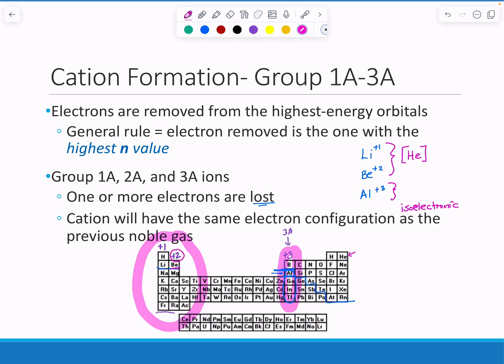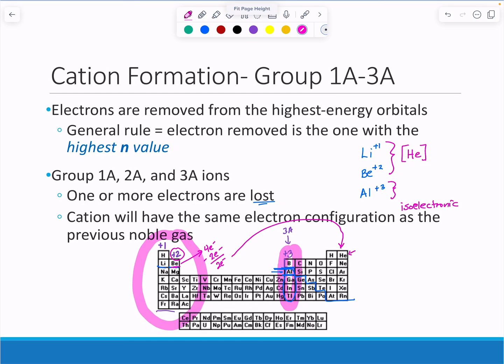So beryllium is element number 4, and so it starts out with 4 electrons. When it loses 2 electrons, that means it has 2 electrons left over, and again, that is the same number of electrons as helium has. So the beryllium +2 ion has the same number of electrons as helium.